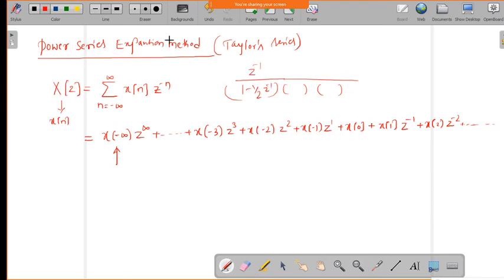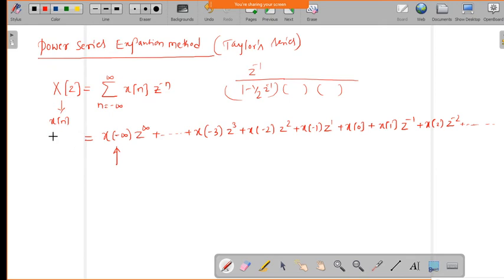In such cases, we divide the numerator by the denominator and express the complete function in terms of z powers, that is the power series expansion method. Then we are able to find out x(n). That is the power of this method.